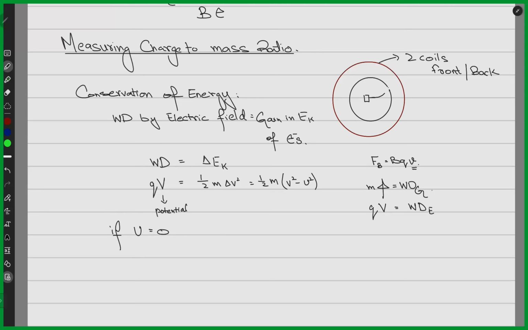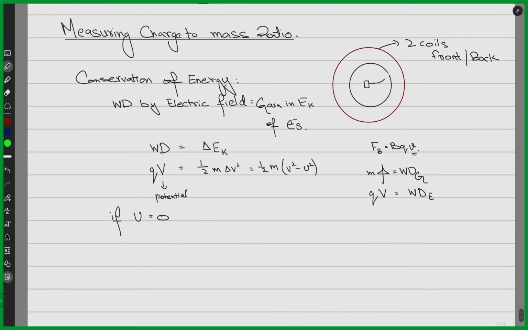You could say that the electrons were initially at rest, but again, that's not a right statement. So I'll just stick with this, and this gives you qV equals half m v squared. So this is what you're left with.